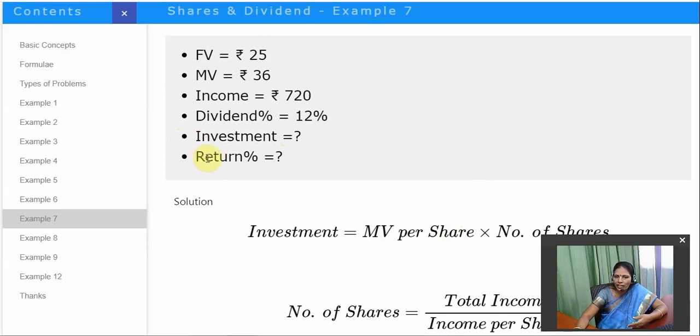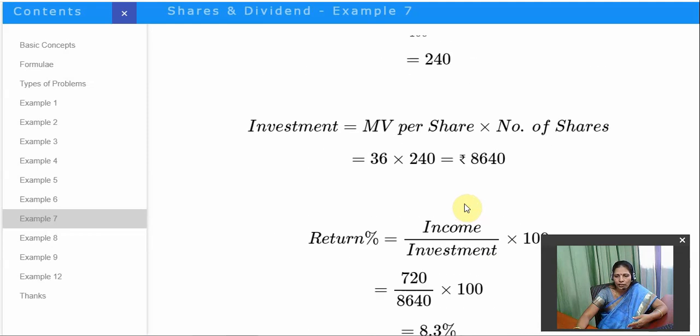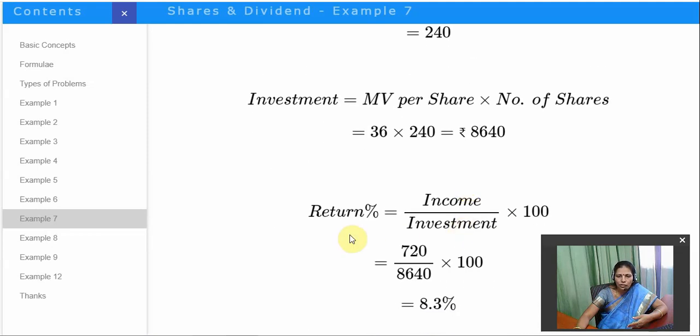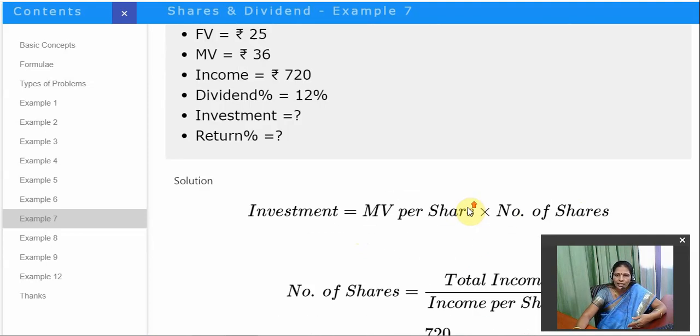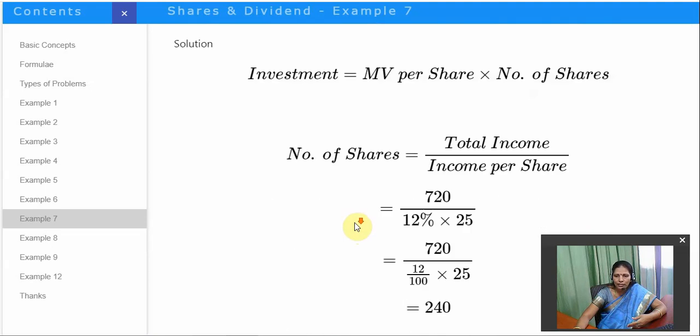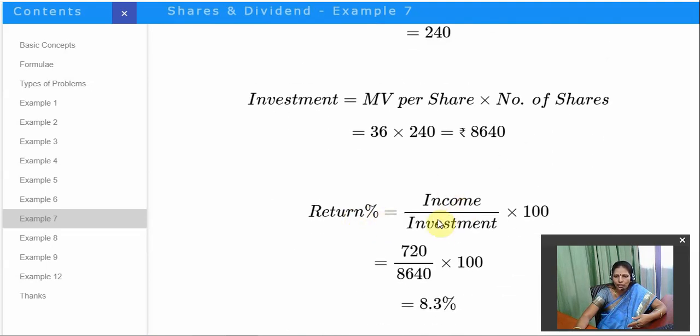The next you need to find is the return percentage. Now this is a formula to find the return percentage, that is income by investment into 100. Income is already given in the question, just take it and substitute here.